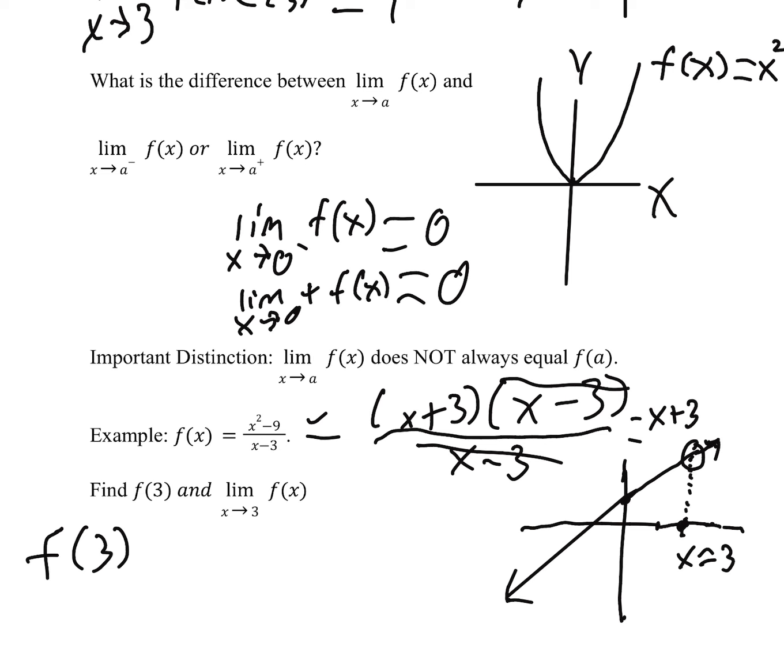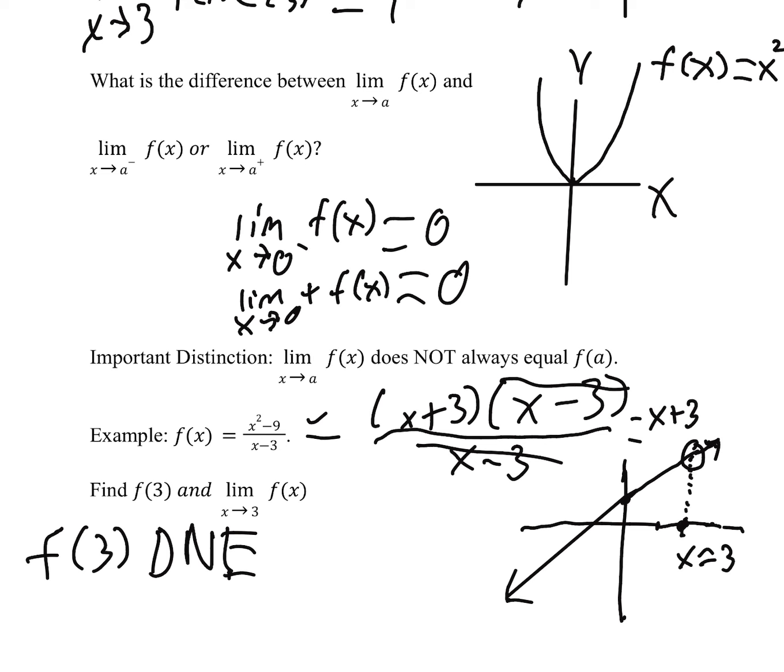So f of 3 equals, I shouldn't say equals because you can't equal something that doesn't exist. So f of 3, we're going to say DNE, and that's the notation I mentioned before for does not exist. You're not going to write equals does not exist because that's not proper notation.